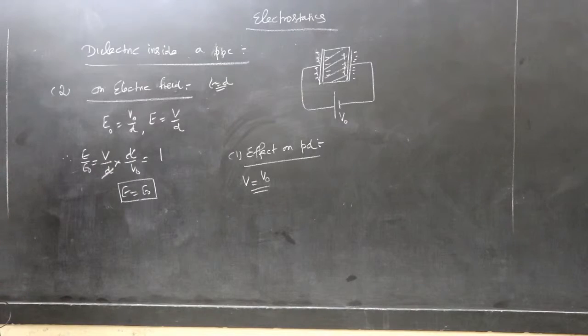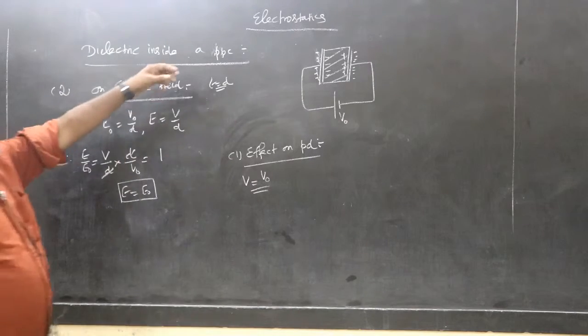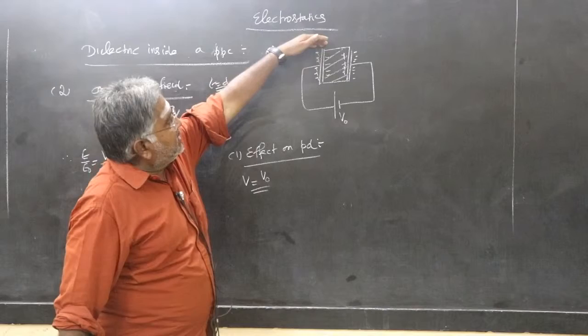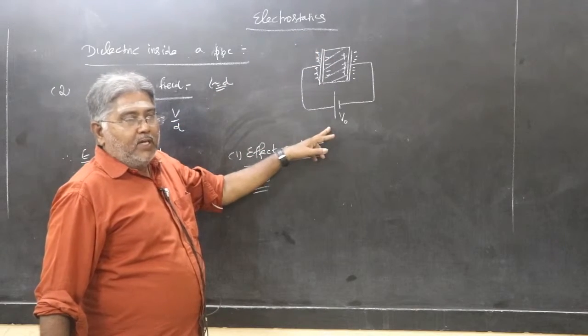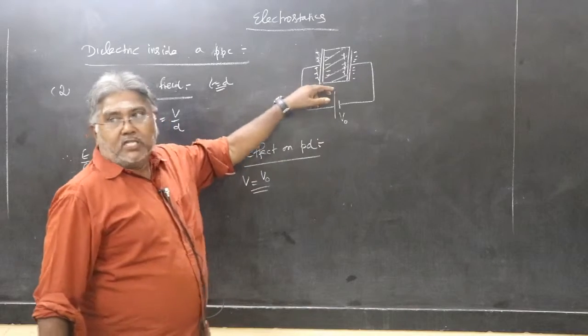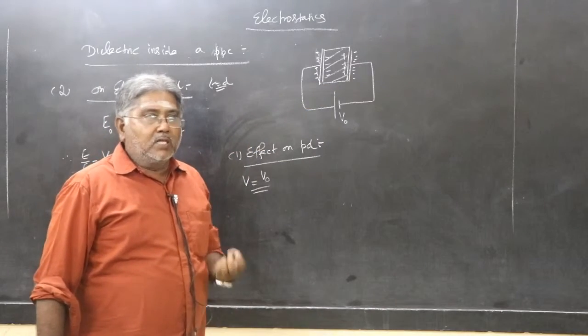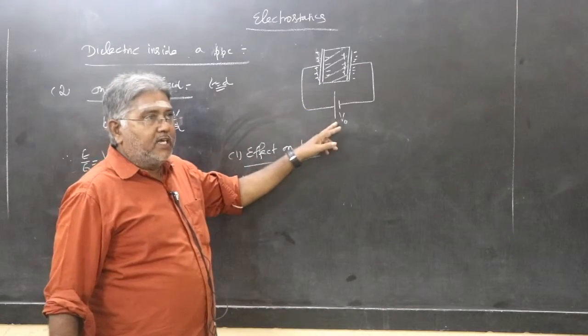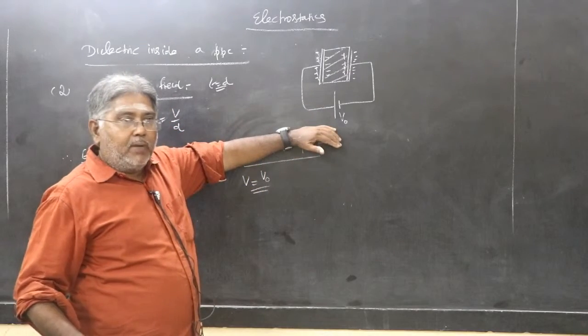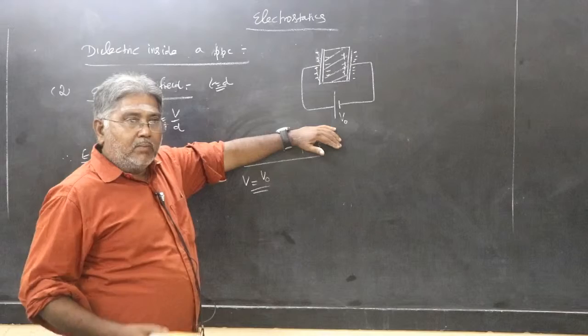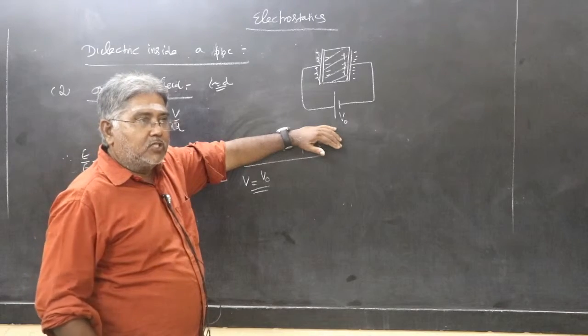So what is happening, the moment you start introducing the dielectric, because the battery is in connection, it will draw more charges, because the supplier of charges is in connection. Earlier the battery was removed, therefore charges could not change, but here there is a provision for the charges to change.